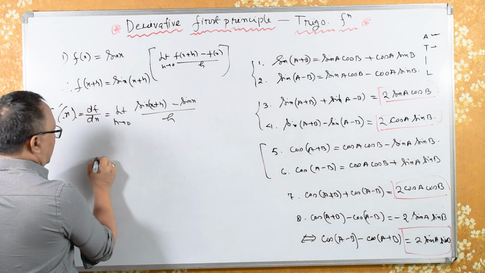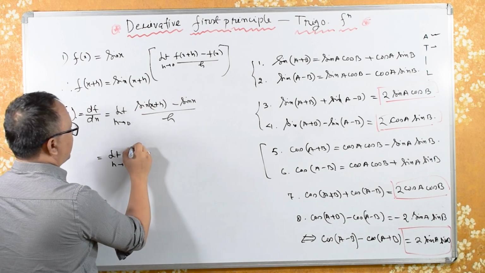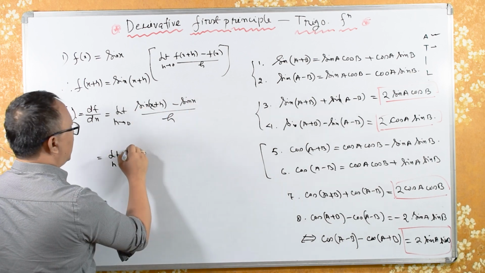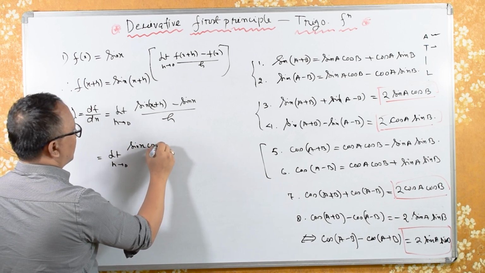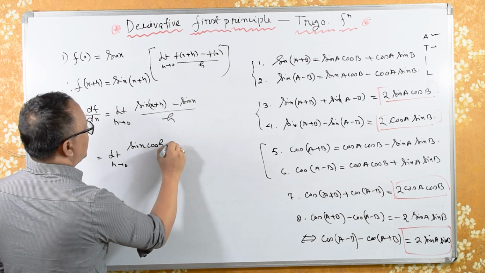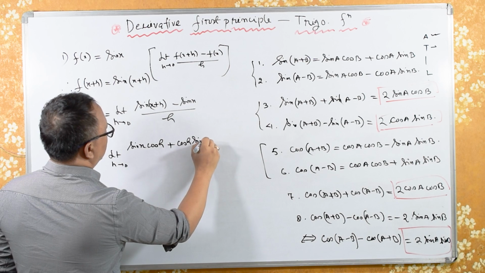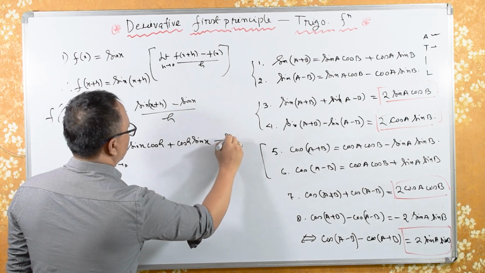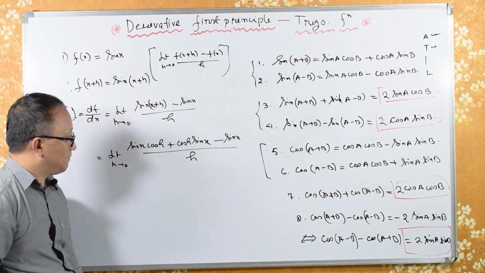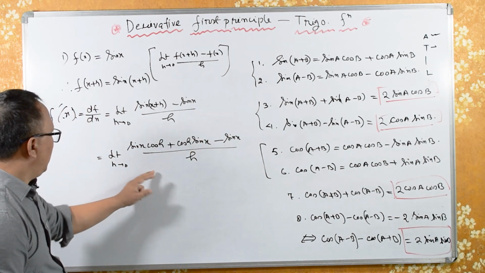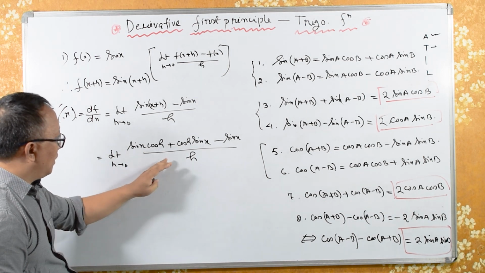First way: this is the same as the limit of h tends to 0. Here sine a plus b is sine a cos b plus cos a sine b, minus sine x upon h. Now h tends to 0, still undefined.